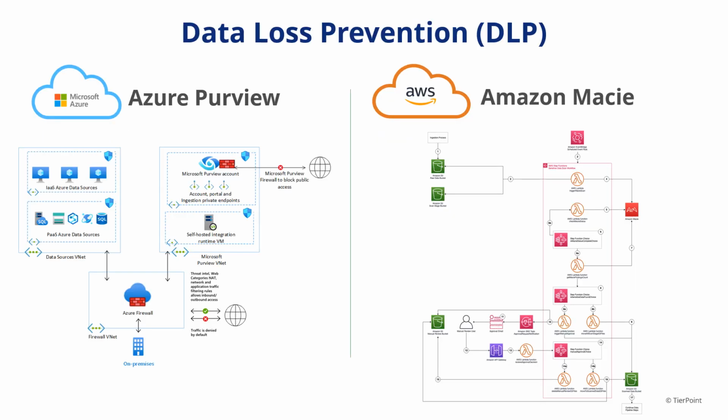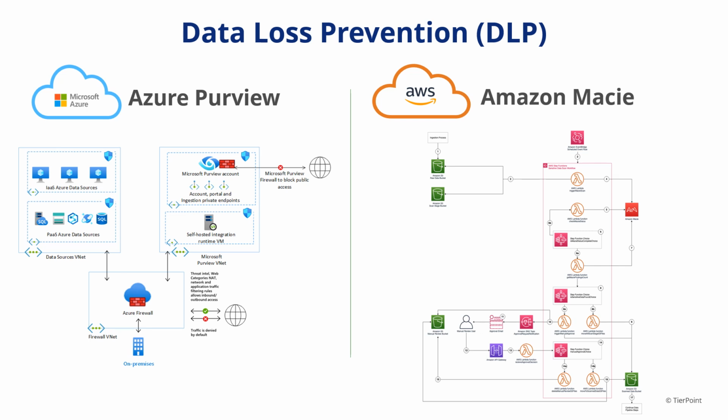Data loss prevention is critical for safeguarding sensitive information across your organization's cloud infrastructure. In Microsoft Azure, the cornerstone solution is Microsoft Purview, which offers unified data governance and comprehensive DLP capabilities. Purview automatically discovers and classifies sensitive data across your Azure estate, on-premises databases, and multi-cloud environments.